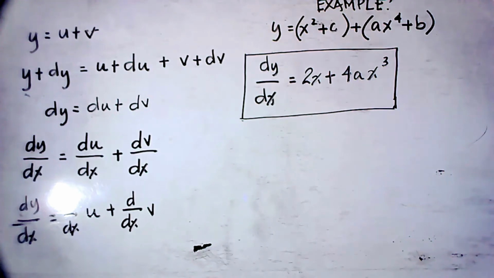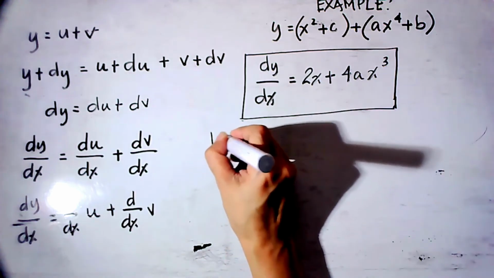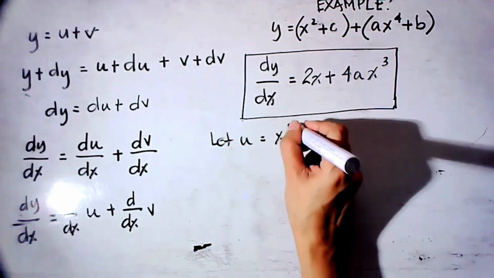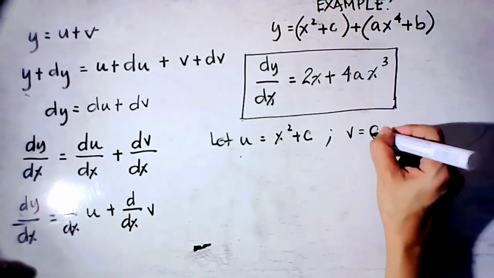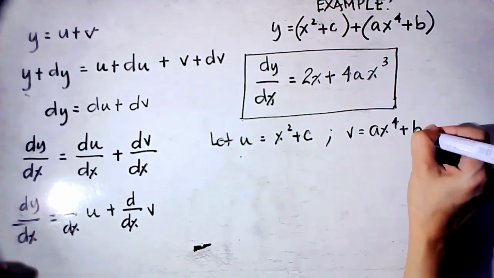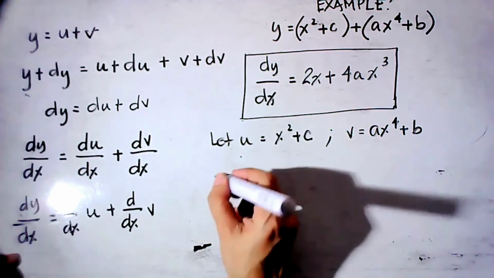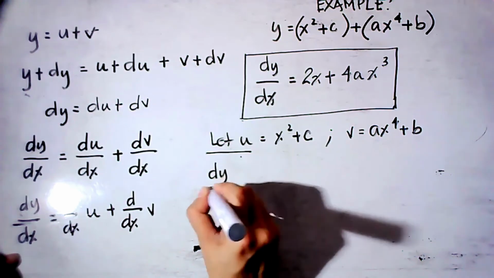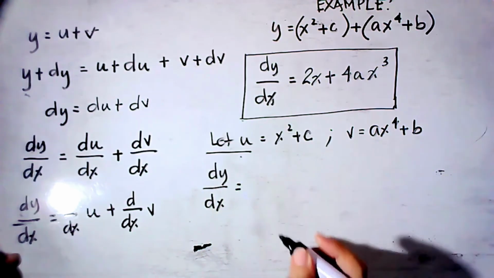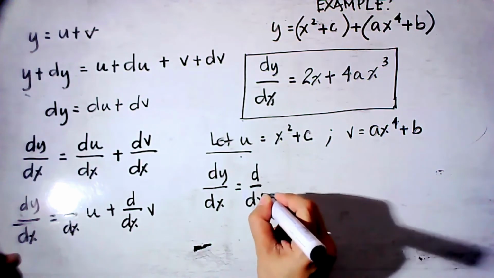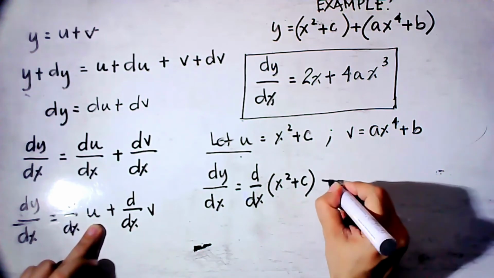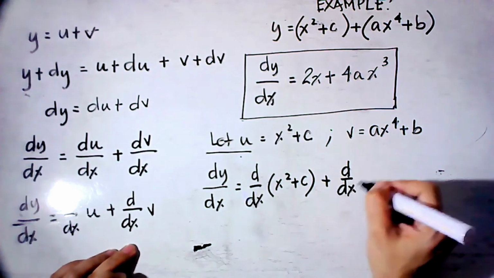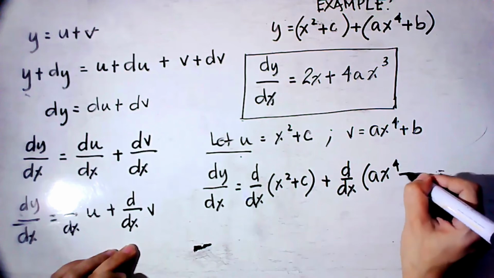So if we let u equal x squared plus c, and v equal ax to the fourth plus b, then using this formula, we will have d over dx of x squared plus c plus d over dx of ax to the fourth plus b.